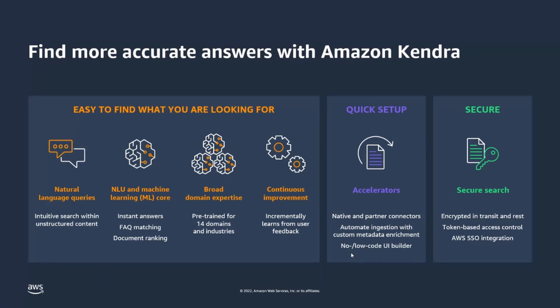We've trained Kendra across 14 different domains so that naturally it has broad domain level expertise to recognize common lingo in varieties of different industries that our customers need today. And also with Amazon Kendra, we provide continuous improvement options so that Amazon Kendra will incrementally learn from user feedback.